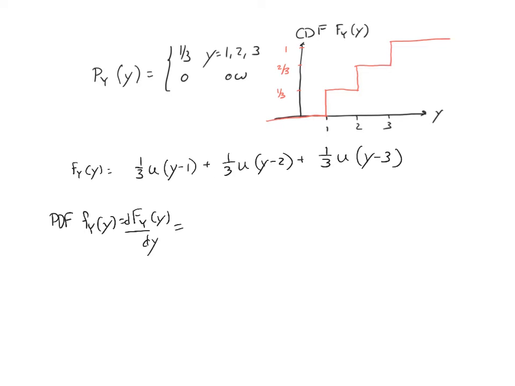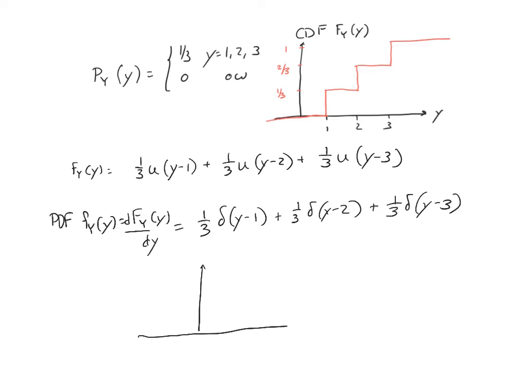The 1/3 u of y minus 1 becomes a 1/3 delta of y minus 1, because each unit step has a derivative, which is this crazy delta function, plus 1/3 delta of y minus 2, plus 1/3 delta of y minus 3. And conceptually, we can draw a picture of this PDF.